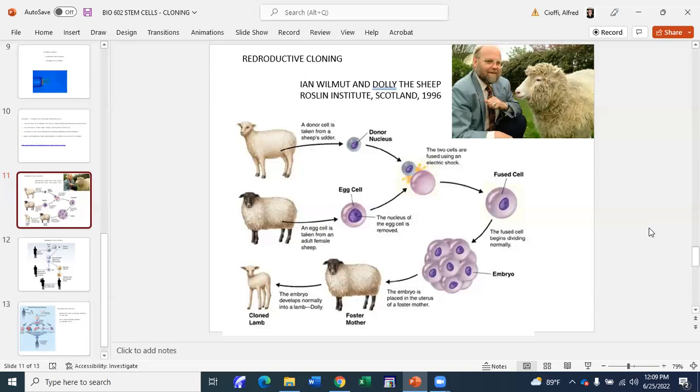So if we can take that one cow who produces a lot of high quality milk, obviously her genome for milk is top of the line. And so if we clone that cow now and make 100 of those cows, and their milk output is equivalent, well, that's fantastic for the industry, right?